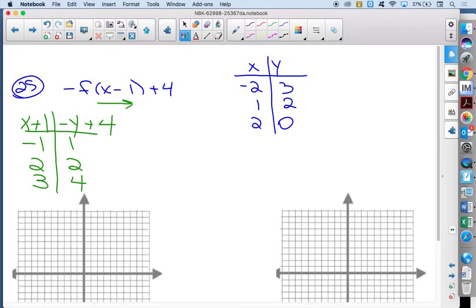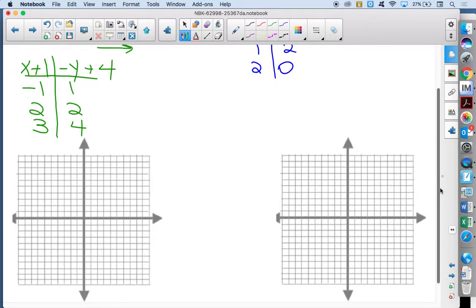So those will be my new ordered pairs from the original 3 changing to the new 3 based off of making the y negative and adding 4 and then moving the x to the right 1. So if you plot these points, negative 1, 1, 2, 2, 3, 4. That would be the new graph. Any questions on that?